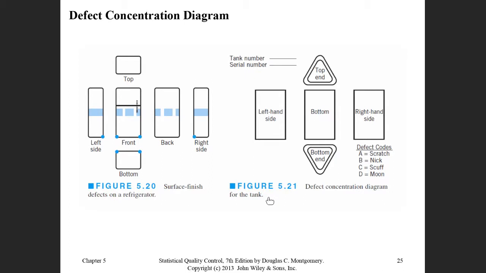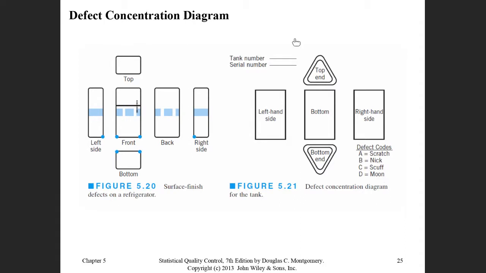So basically you draw the product, like here we have a refrigerator on the left side, and it shows where the defects are placed, on the sides, in the back, the front, the bottom or the top, and you identify the type of defect.